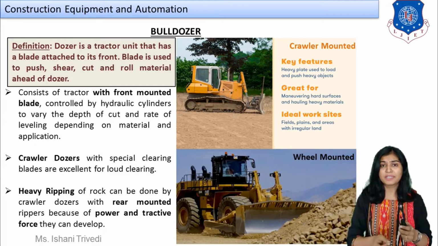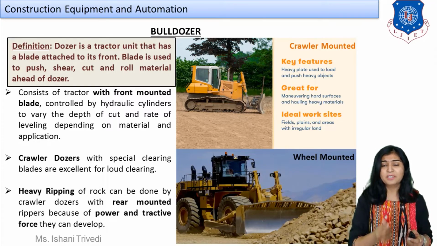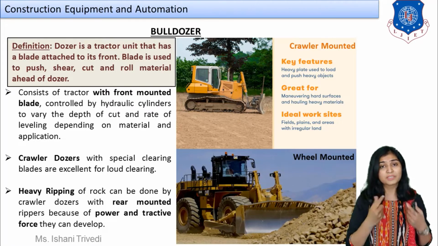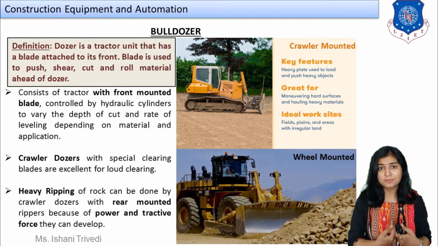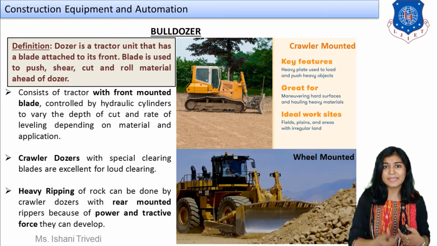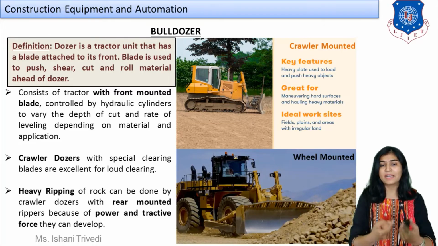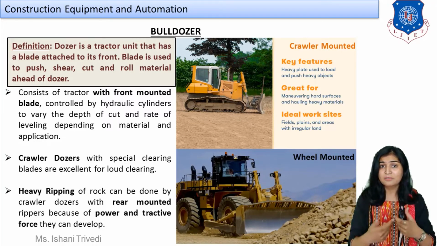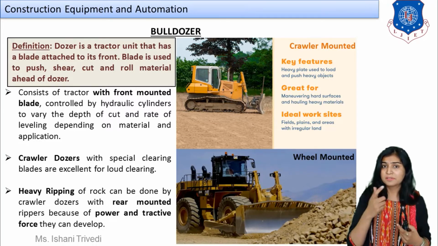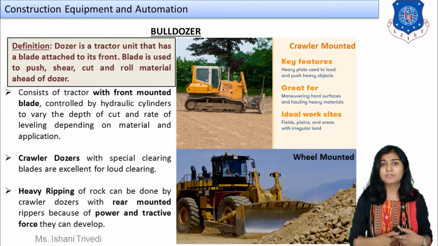So if you want to carry out heavy ripping work of rock, it can be done by crawler dozers. Over there, wheel dozers will not be useful. So crawler dozers can carry out the heavy ripping of rock, meaning to break it and remove it. How it will be done and what type of blades will be used will be discussed when we talk about rippers.